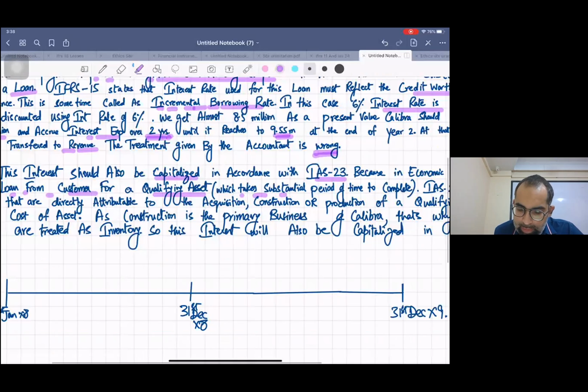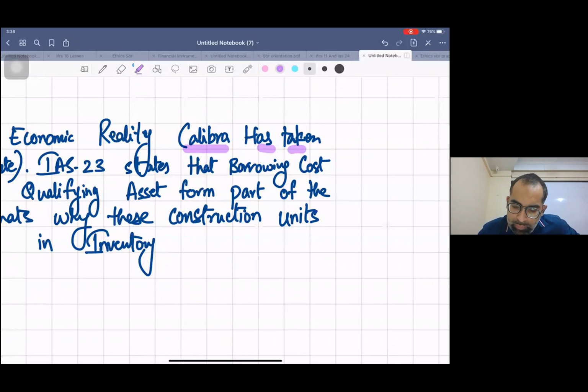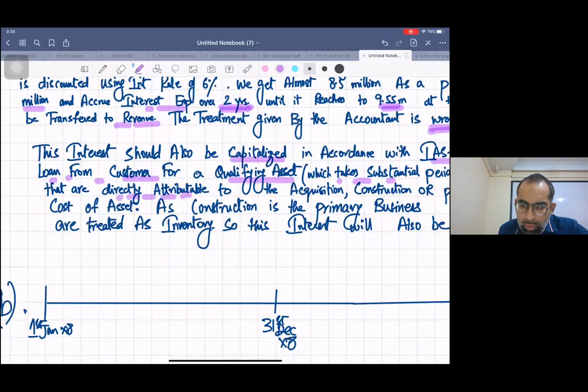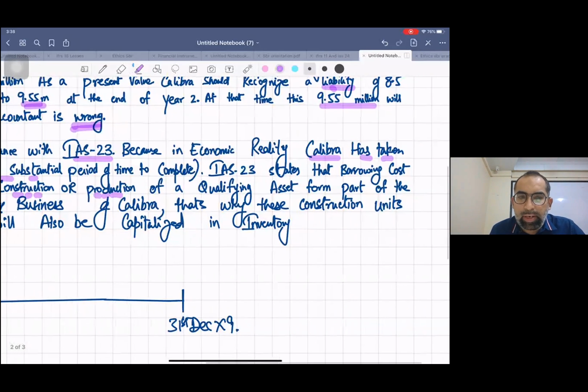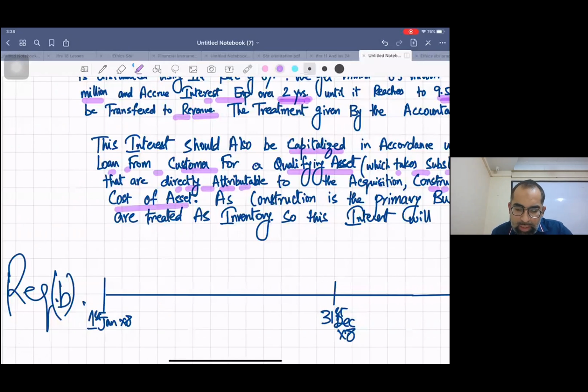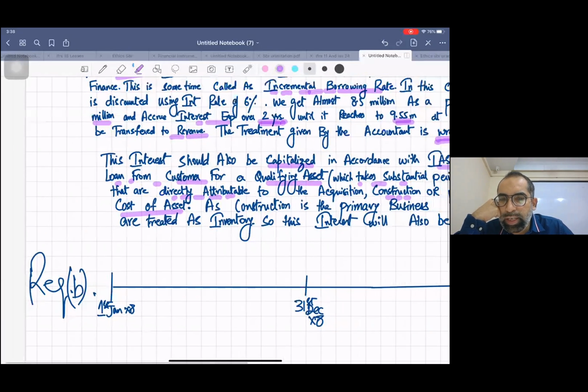IS 23 states that borrowing costs that are directly attributable to the acquisition, construction or production of a qualifying asset form part of the cost of the asset. That means we'll capitalize it.